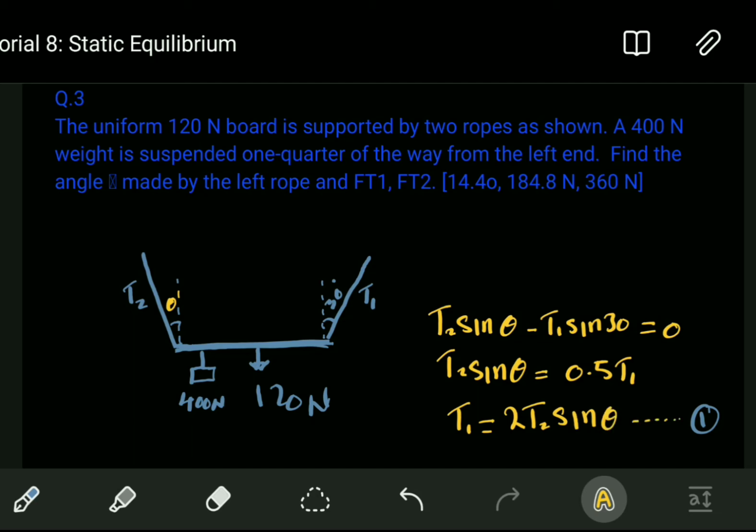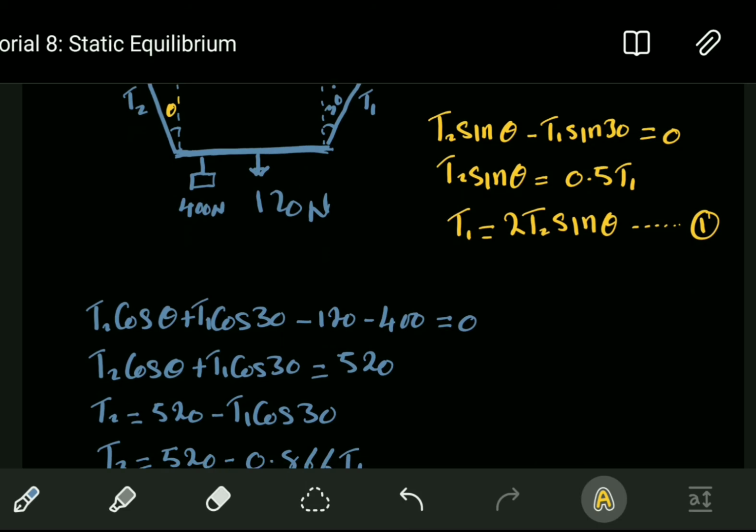Hope you're following that. Let this be our equation 1 for now. So now we move on to the y. We're getting T2 cos theta plus T1 sine 30 minus the weight of the bar, which is 120, minus the weight of the block, which is 400, must equal 0.